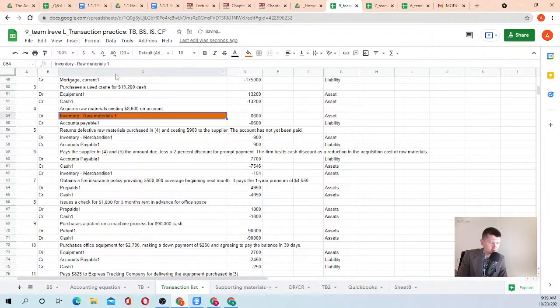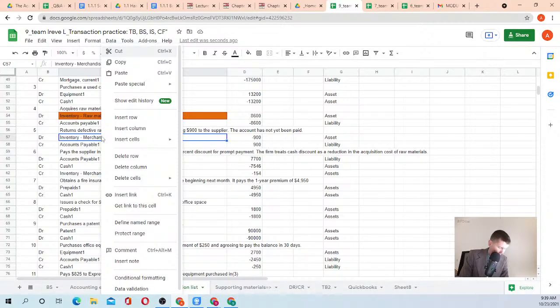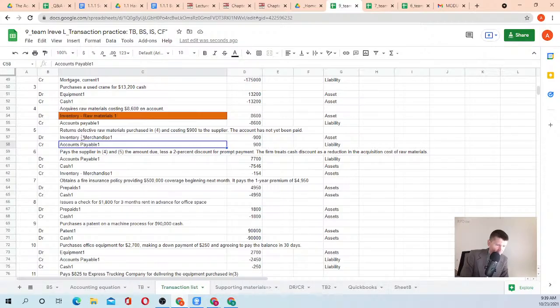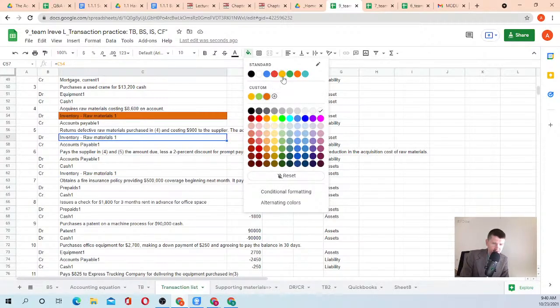Let's just try to be more or less detailed here, and I will have to change it throughout. It's not a big mistake, but later in your career you probably want to be as detailed as possible.